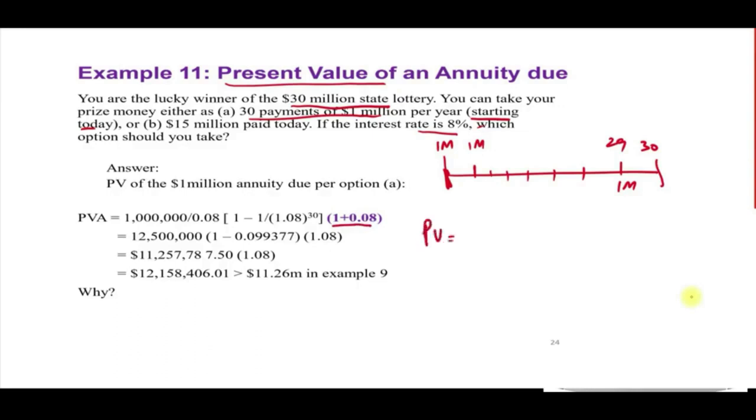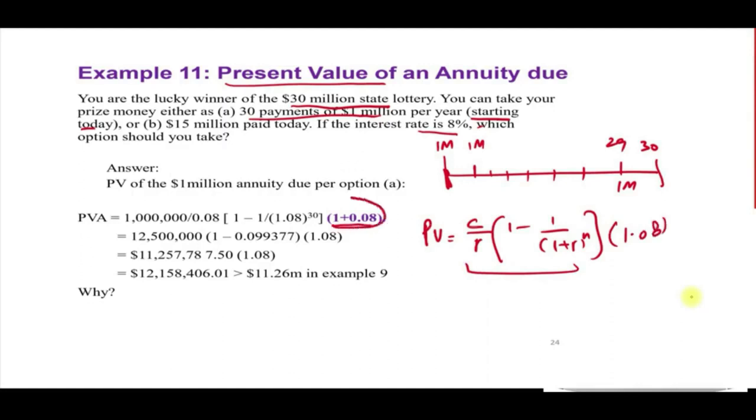Remember, PV should be equal to C divided by r, times 1 minus 1 over (1 plus r) to the power n. So this answer is for the ordinary annuity, right? N is also equal to 30 in both cases. This is the ordinary part, but simply we are multiplying it by 1.08.